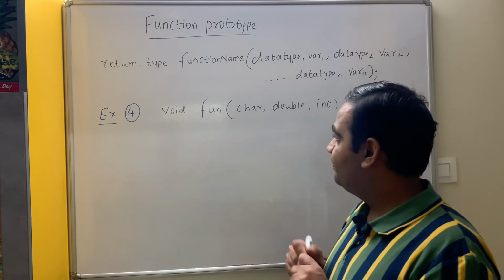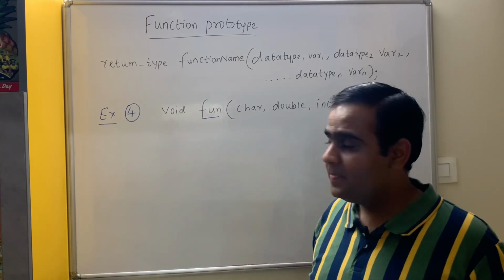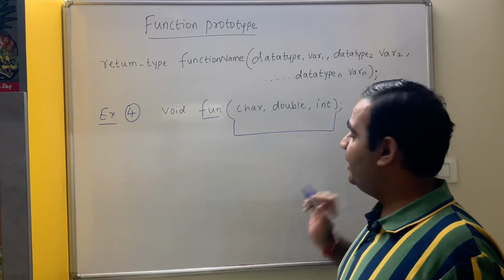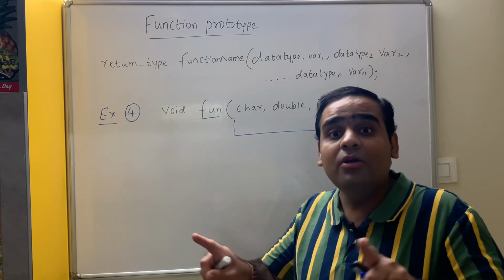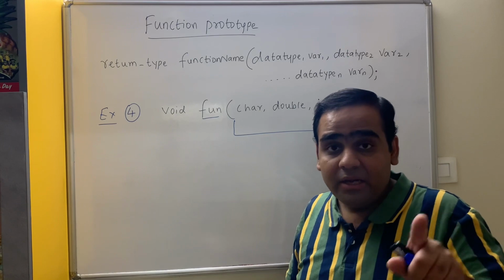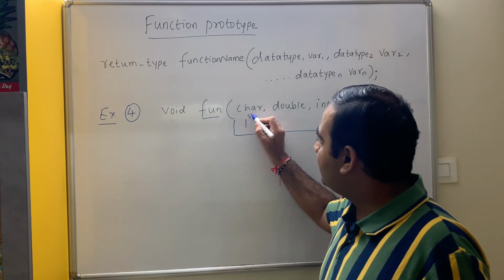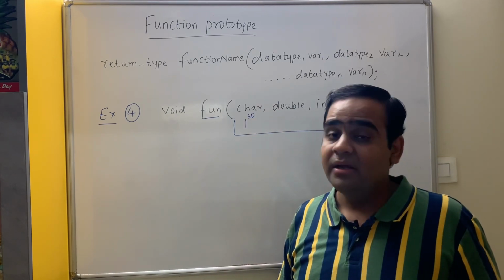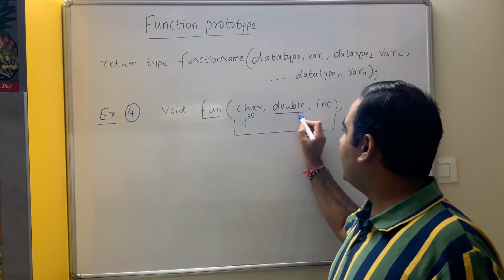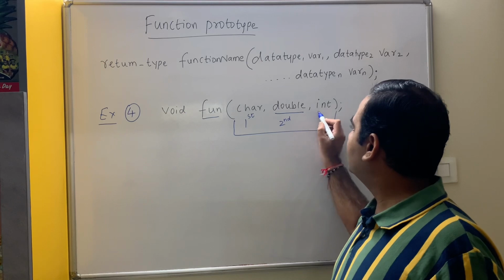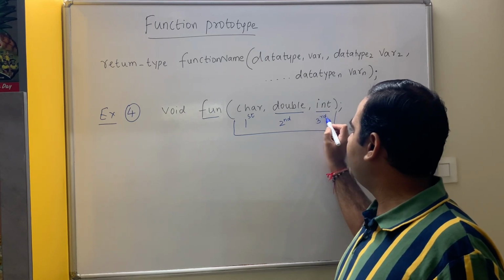It says fun is a function which takes 3 parameters as input. Now these parameters should be in one-to-one correspondence. It says the first parameter has to be a character. It cannot be a double number. The second parameter has to be a double and the third parameter has to be integer.